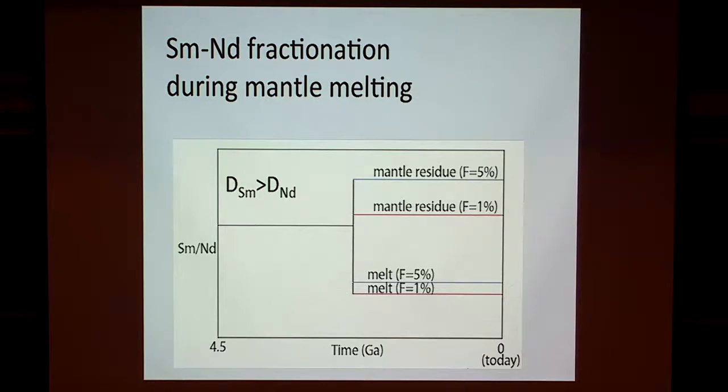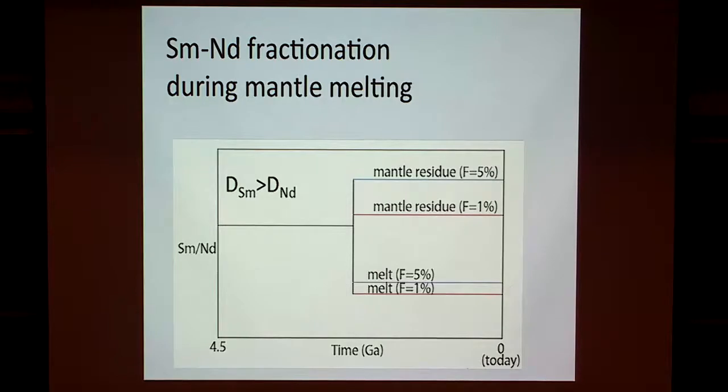We have experiments for partitioning down to like 26 GPa, but then you have to extrapolate down to 120 to 130 GPa, and none of the experimentalists can tell me if calcium perovskite actually exists as a separate phase, and that's really going to tell you what happens with samarium-neodymium.